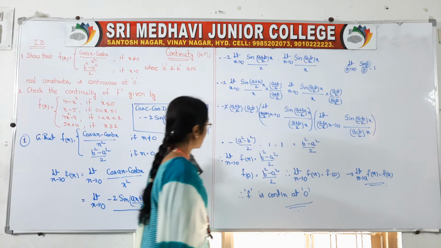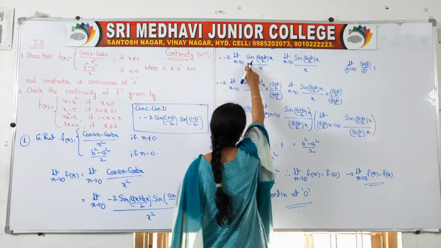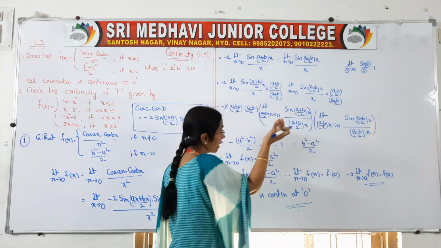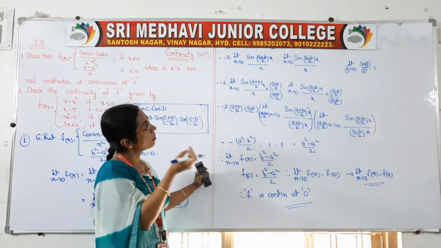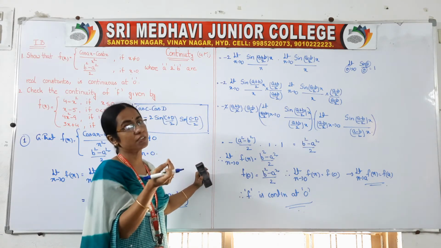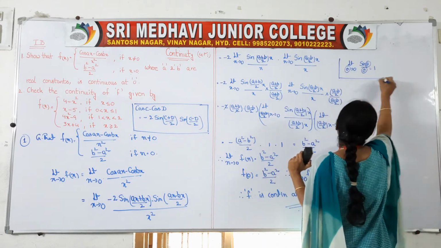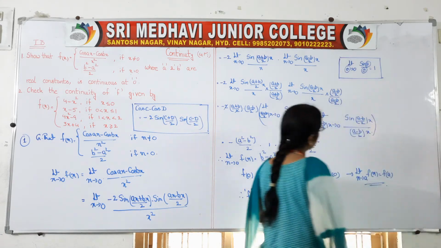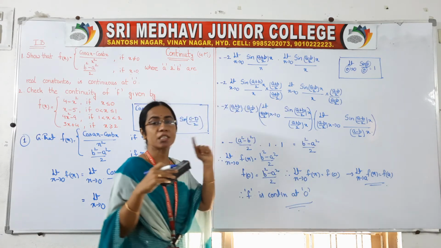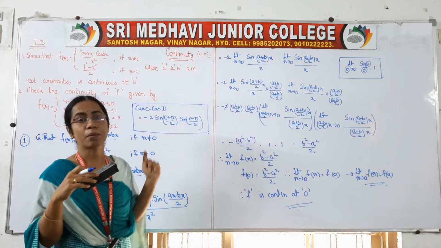After that, if you observe, it is sine of this, so it is an angle, right? There is some value and a limit. In limits, whenever sine comes, we will use this formula. What is that formula? Limit theta tends to 0, sine theta by theta.